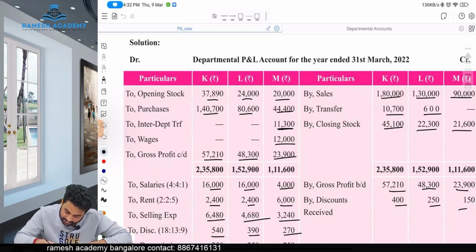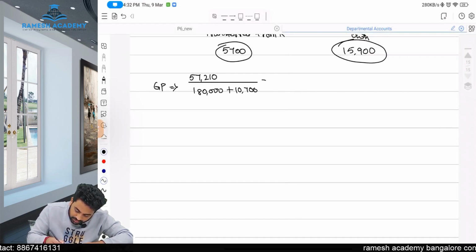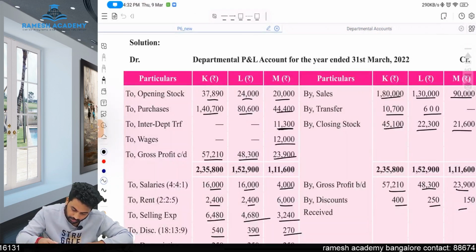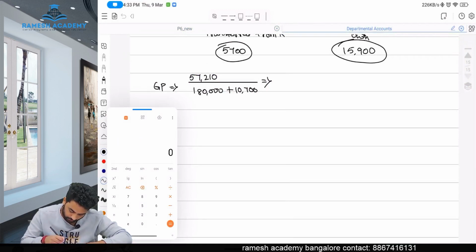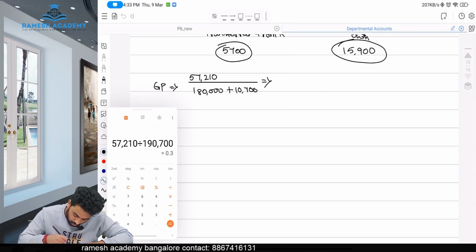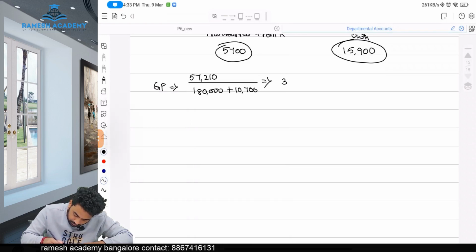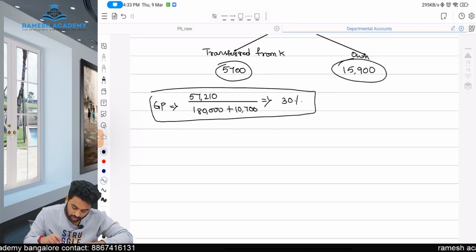So K's total sales is 1,80,000 plus 10,700. Now 57,210 divided by 190,700 is 30%. So 30% is the gross profit of K.